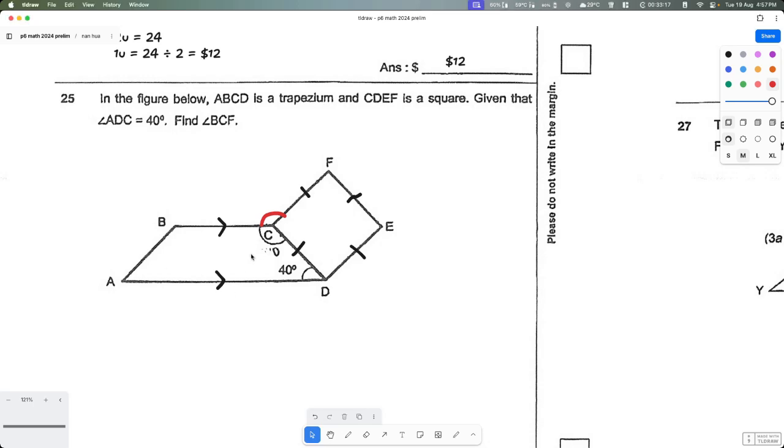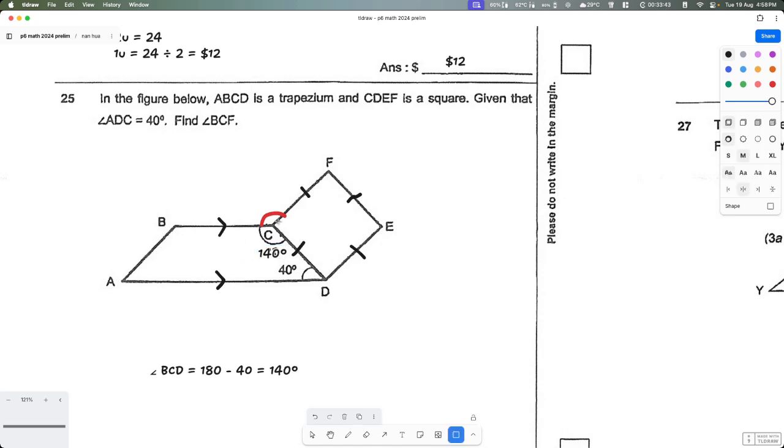Either way, we can calculate this angle, BCD. It's actually 180 minus 40. This is 140 degrees. Okay, nothing special. So this is 140 degrees over here.